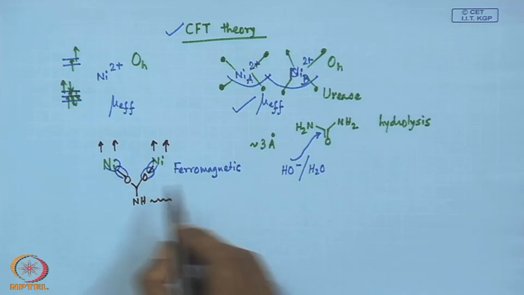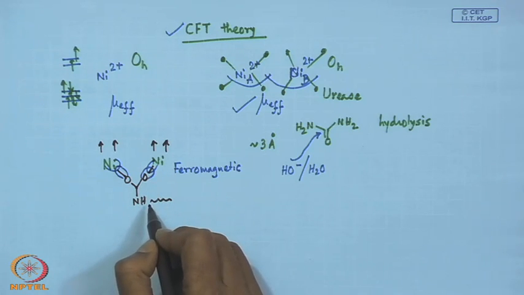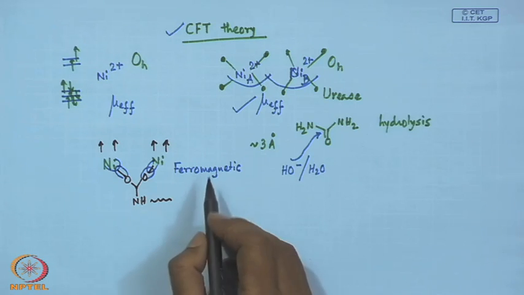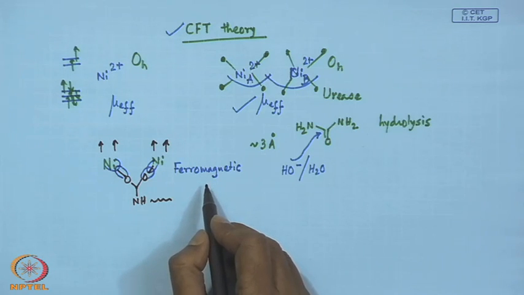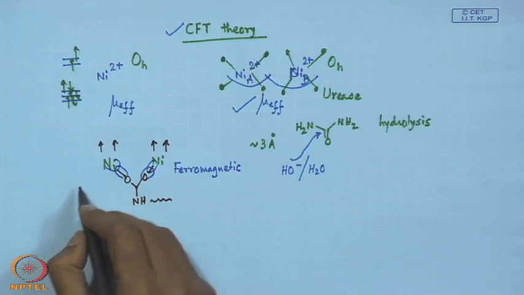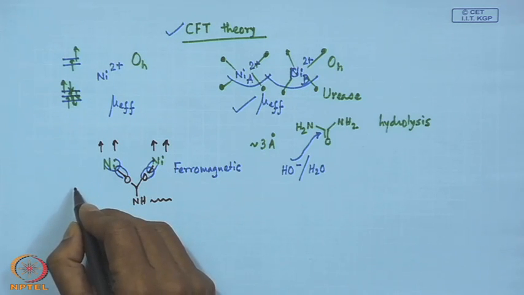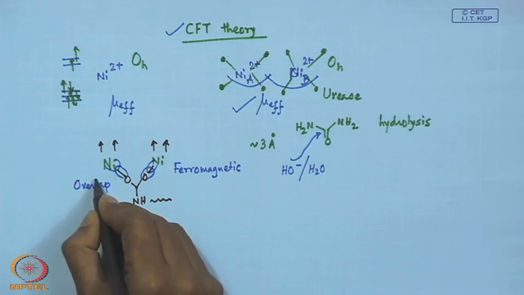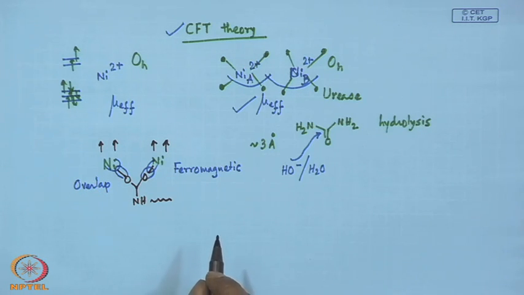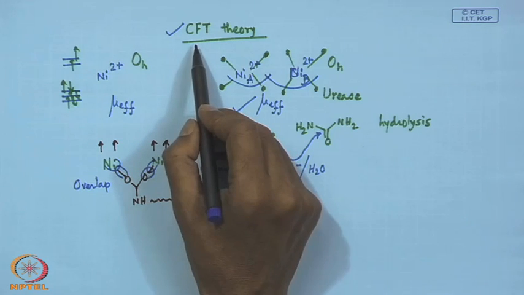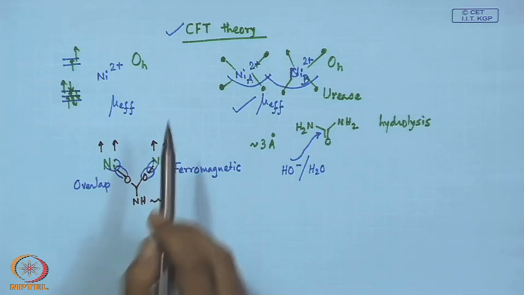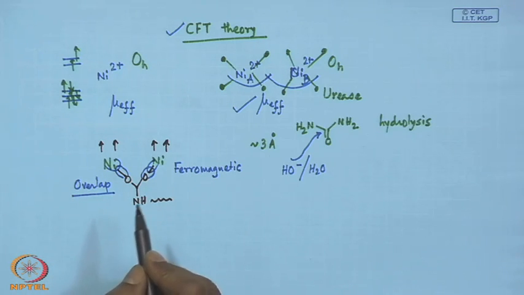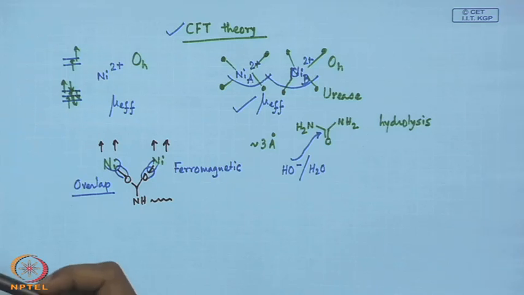If super exchange takes place through the bridging ligand, whether the magnetic behavior is ferromagnetic or anti-ferromagnetic in nature, we should consider the overlap of the orbitals of M and L, which we do not get from crystal field theory. That is the typical limitation of crystal field theory, and we should modify this theory to consider this overlap.